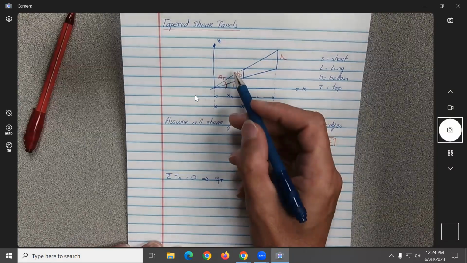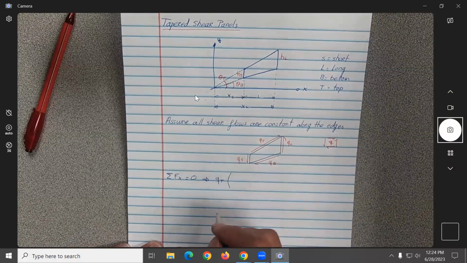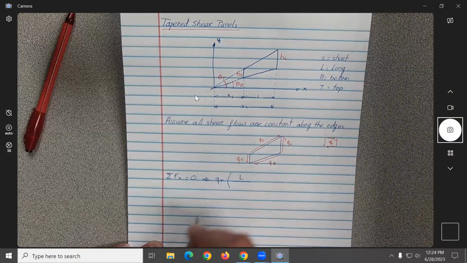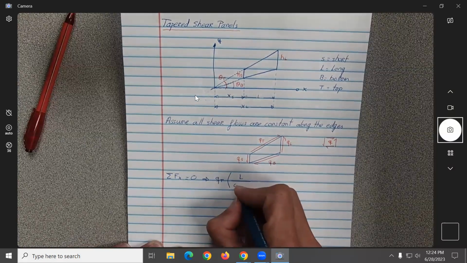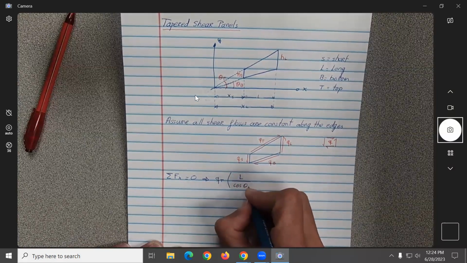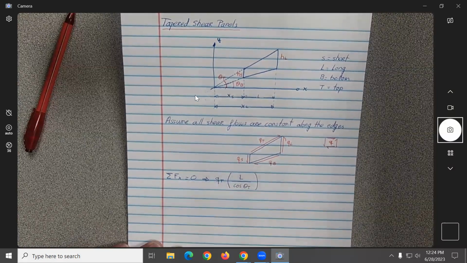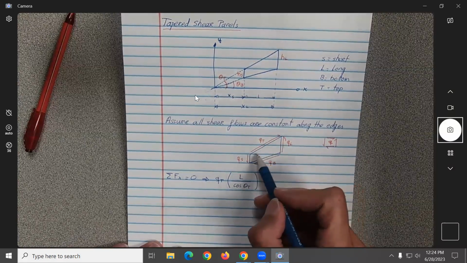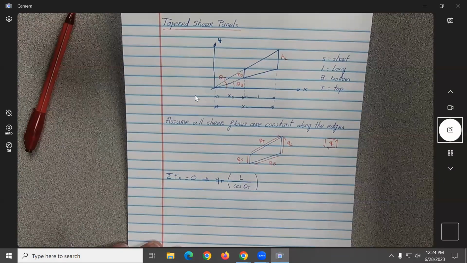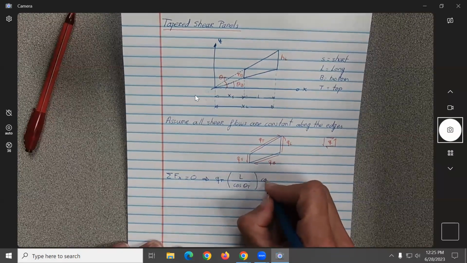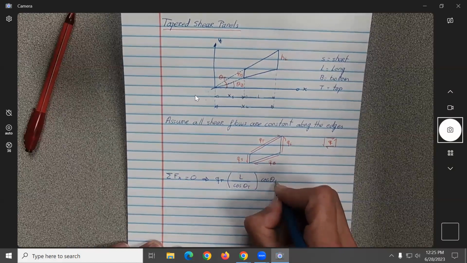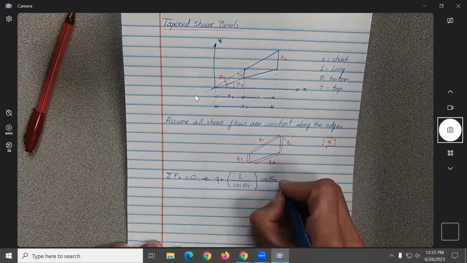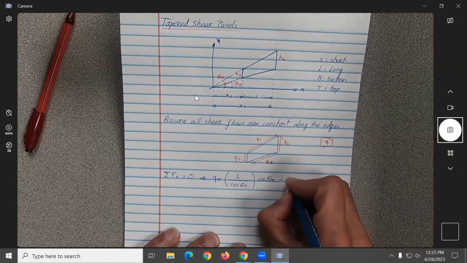So if you look at the angles, okay, let me write it down and then we check it. What would be the x component? It would be L cosine theta t will be this whole length over here, times cosine theta t, minus Q sub b.